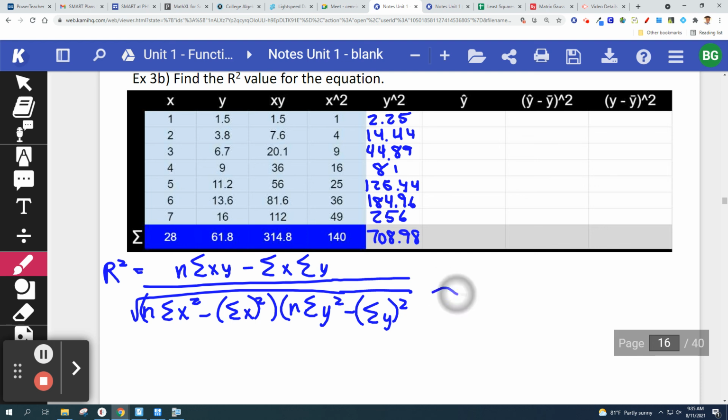I'll leave that up to you to fill those numbers in, but you're going to get 0.999. That's your R squared value, and that's a pretty good number.